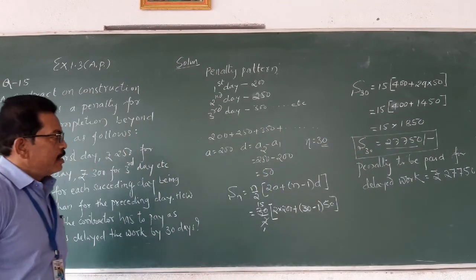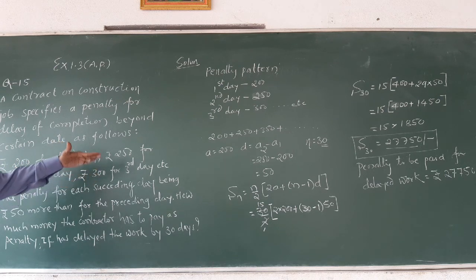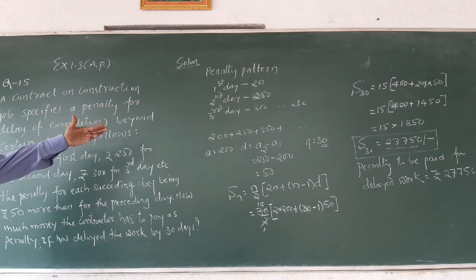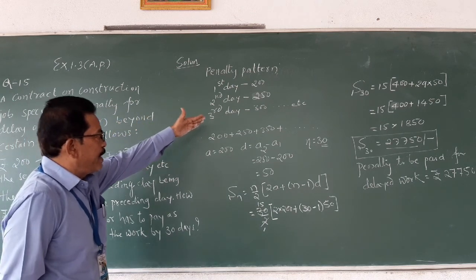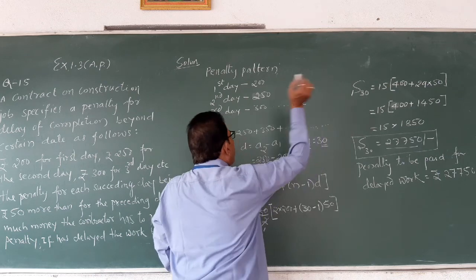See, the problem has given clearly the terms of AP, that is 200, 250, and the third one 300. So we have written that in mathematical format, that is 200 plus 250 plus 300 and so on.